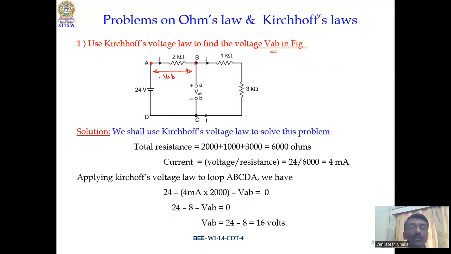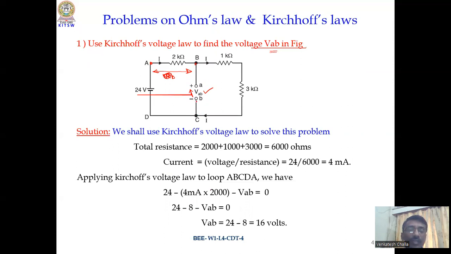So we shall use what? As I want the voltage across the resistor and there is a closed path formed, we can find it. In the given question, this is VAB, between terminal A and terminal B. This voltage you have to find. Here there is a wire, that's all. Here there is a wire.